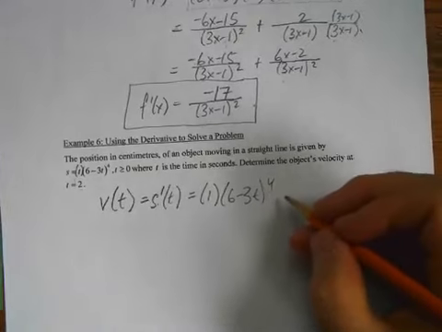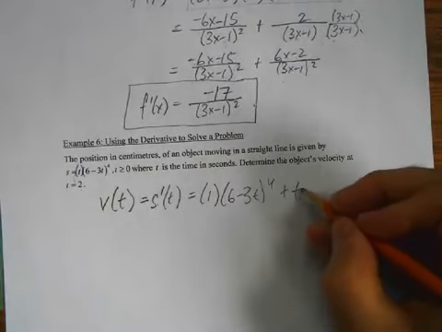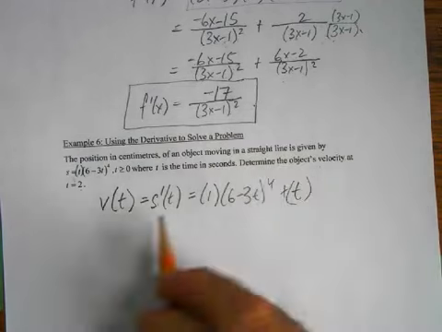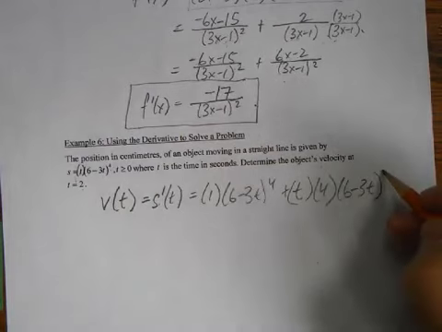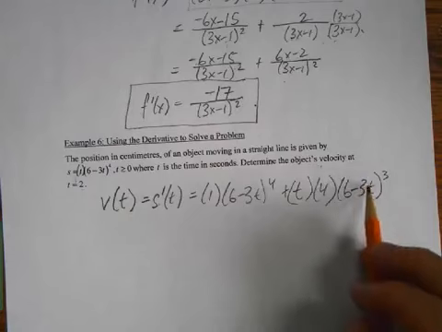And then we add the first function, which is just t. Might as well put that in brackets. And then times the derivative of (6 minus 3t) to the fourth. So that 4 comes out in front as a multiplier. Then I have 6 minus 3t, and the exponent is reduced to 3. And then we take the derivative of what's inside here, and that's going to be minus 3.